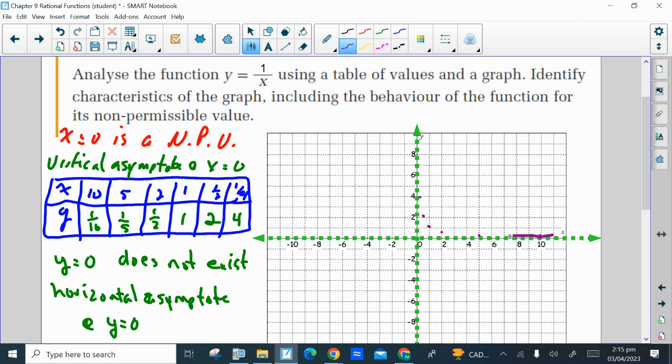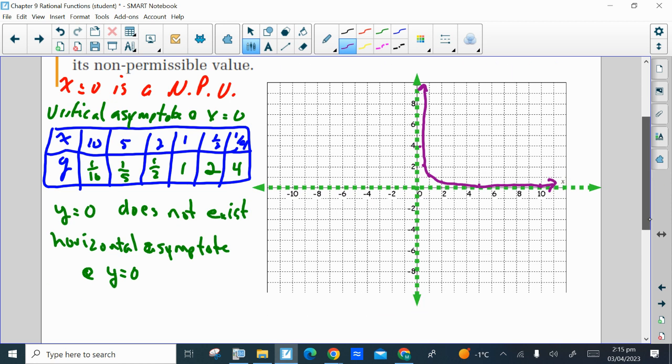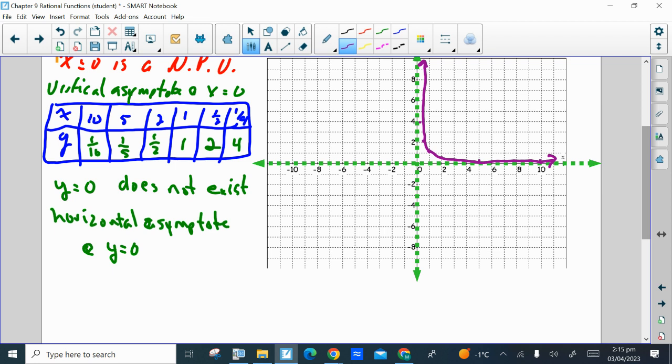So this gives us one arm or one branch of the graph. And the further it goes in either direction, the closer it gets to the asymptote. We got that from values of x that were positive. They approached 0, but they were all positive.